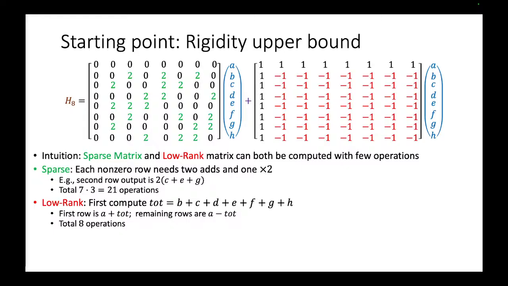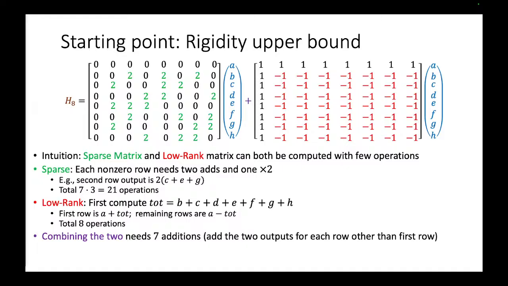And then finally you combine them. Generically it would take 8 operations to add the 2 vectors of length 8, but we know for the sparse part, the top entry is always 0. So you only need 7 additions to add these 2 vectors together. And in total, you get an operation count of 36, which is great. But I just told you our goal is to beat 24. So we're somehow a little bit off from that.